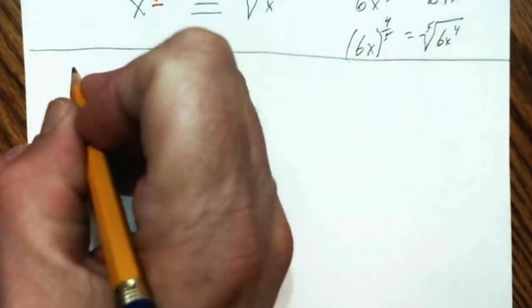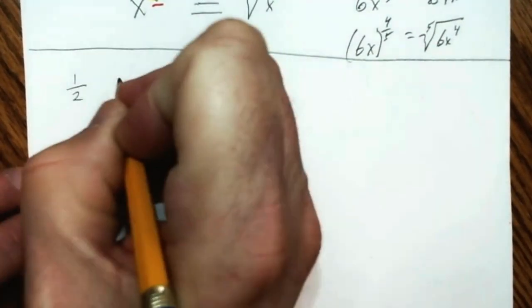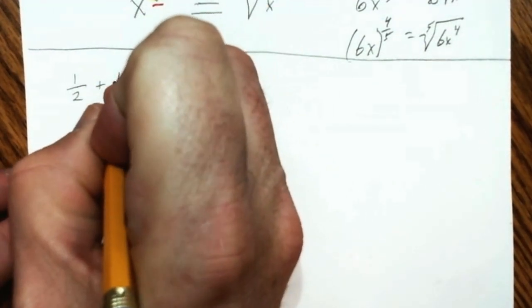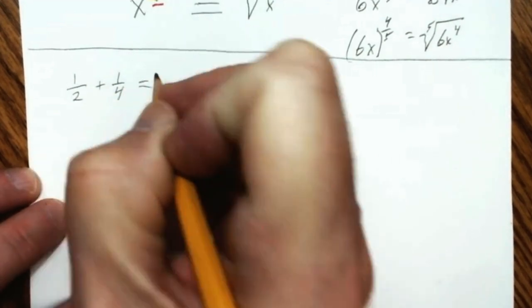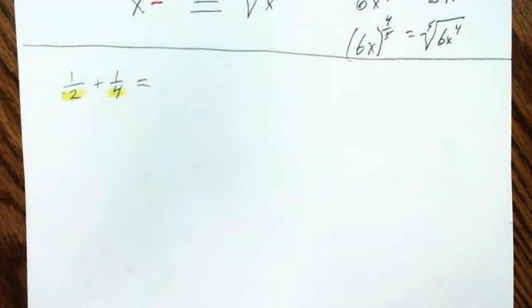If we are adding 2 fractions, 1/2 plus 1/4, in order to add fractions, we must have the same denominator.